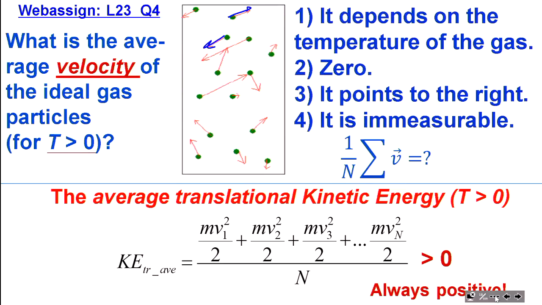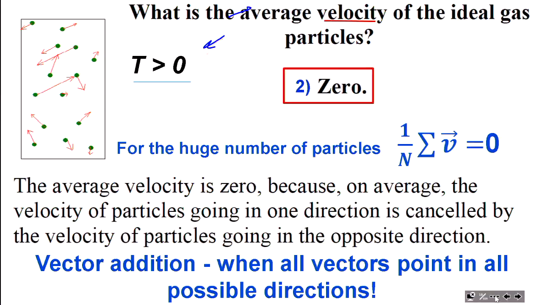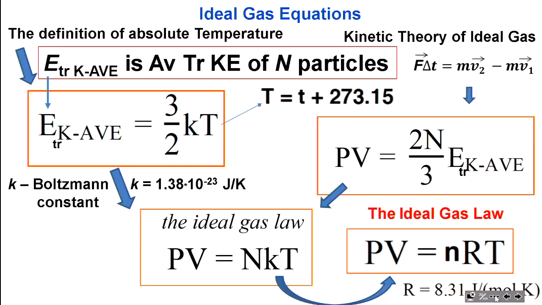Well, so how do we relate kinetic energy and pressure? First of all, we introduce a new physical quantity, temperature. This expression is an official definition of absolute temperature. So what do we need to do to measure or calculate temperature in Kelvin?